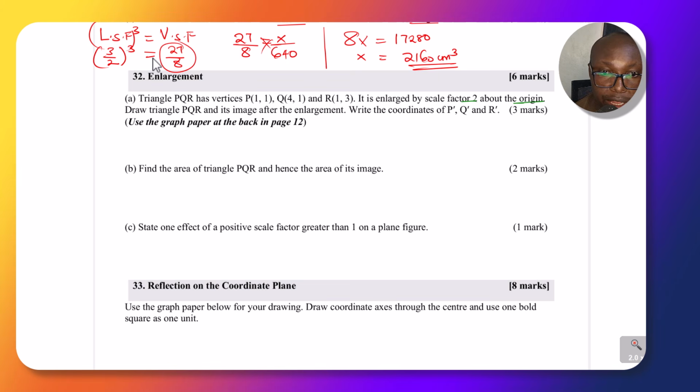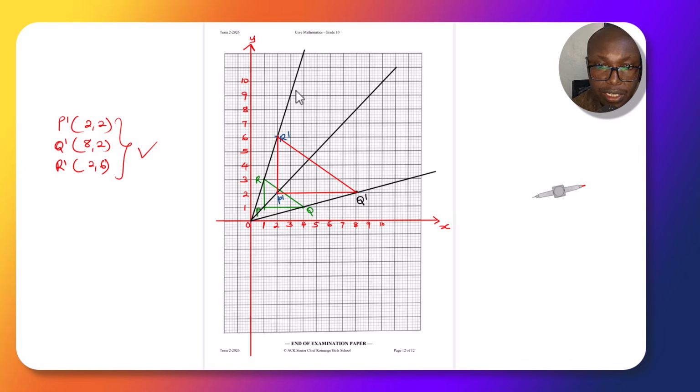Part B, find the area of triangle PQR and hence find the area of its image. So you're finding the area of the object and the image. When you look at these figures, both of them are right angle triangles, so we can simply use the formula half base times height, because it is easy to identify the base and the height by just counting the number of squares.